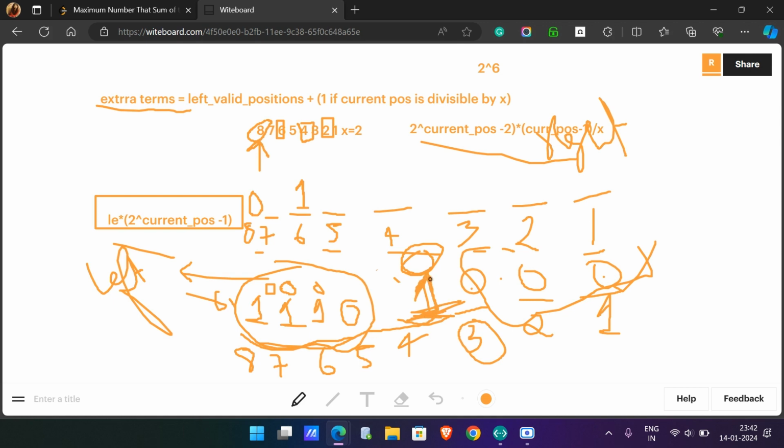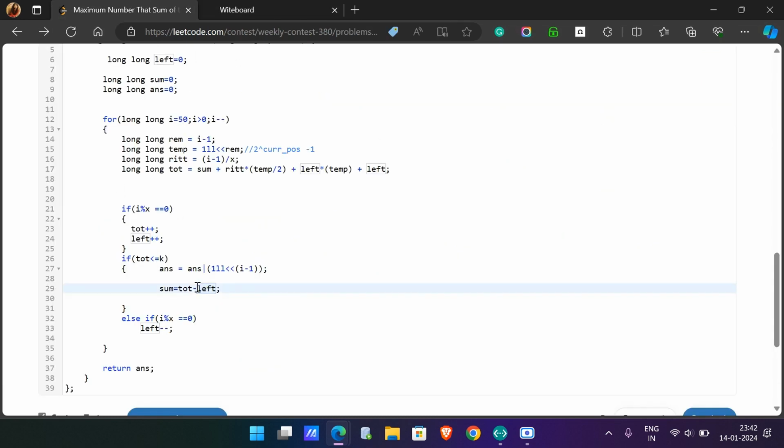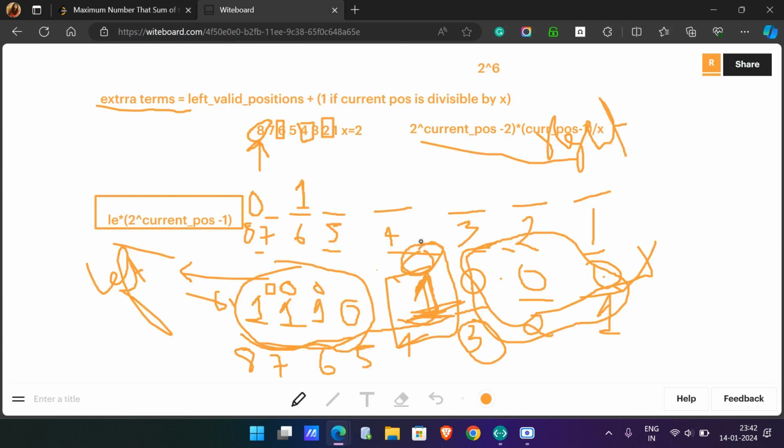So for the case of 1, I'm not adding anything to my price because these terms will help me to calculate that price. So I'm just adding the price when the current position was having 0. So that is the total. And if the total is exceeding k, let's say I'm standing at position 4.